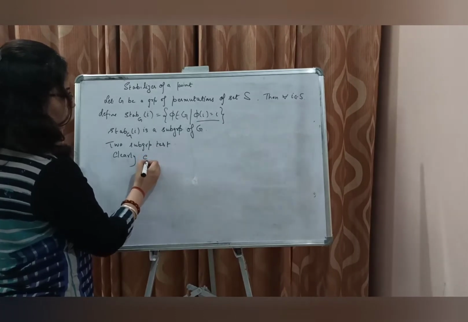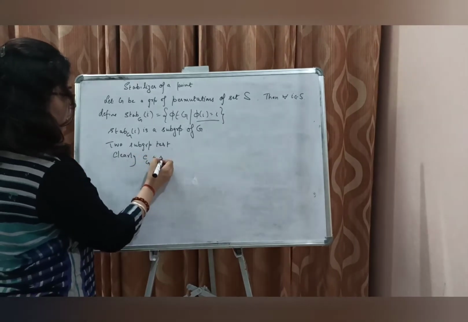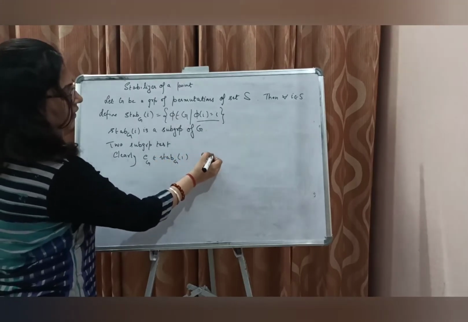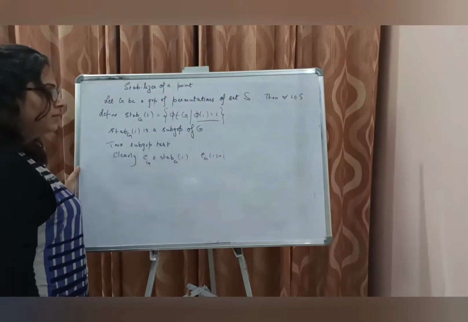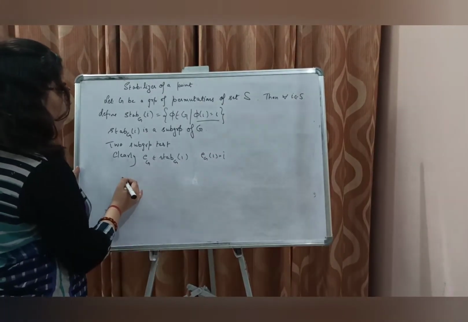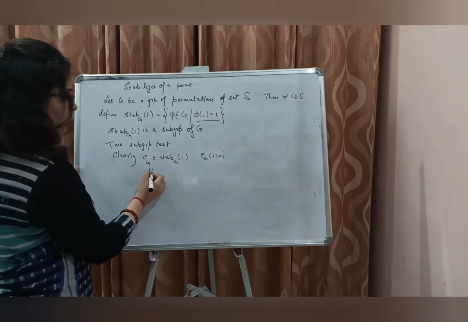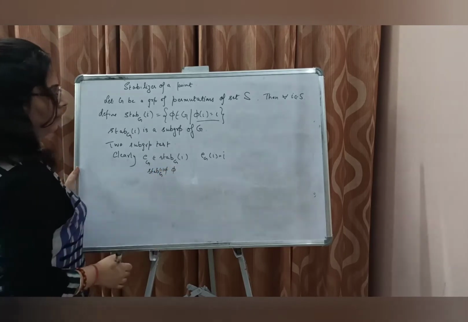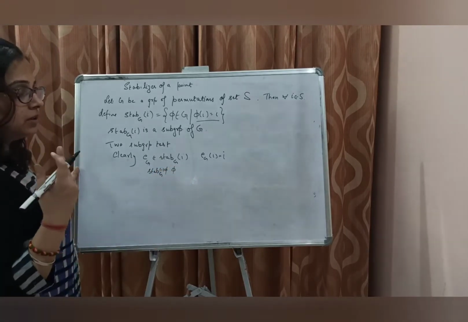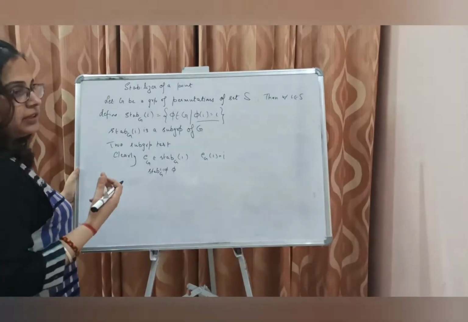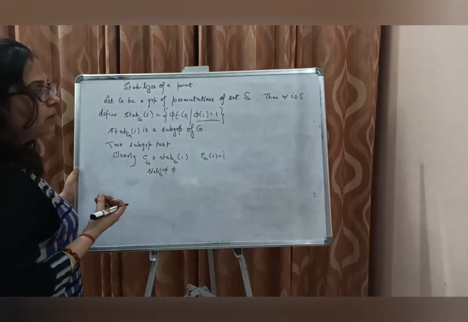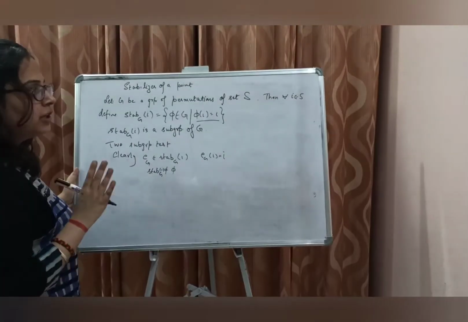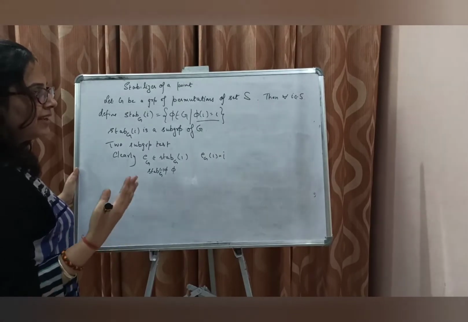The identity of G belongs to stab G of I, because the identity takes every element to itself. This is also a permutation. Therefore stab G of I is always non-empty. The two subgroup test has a precondition that the subset we are talking about should be non-empty. Then there are two steps: prove closure and prove existence of inverse.